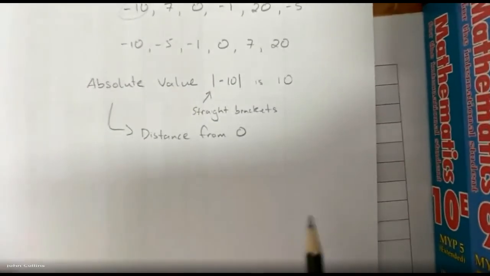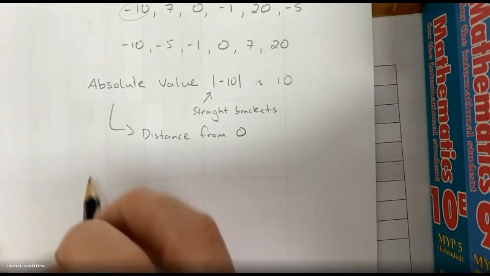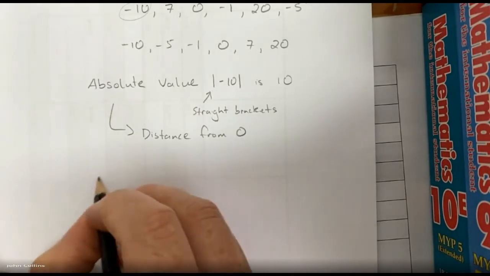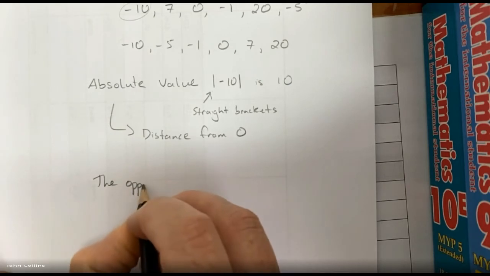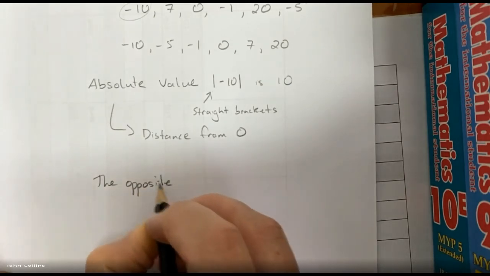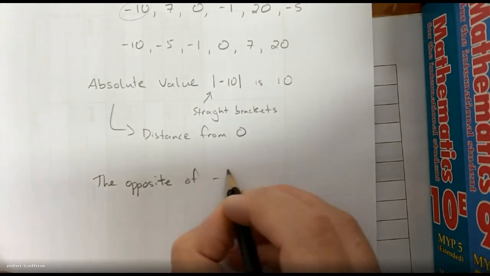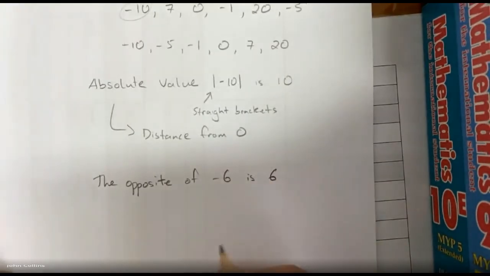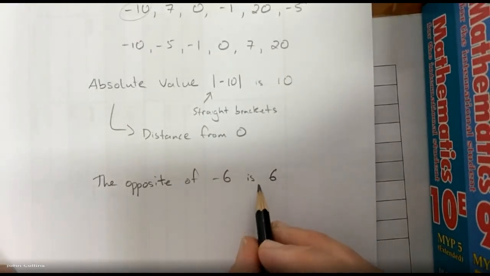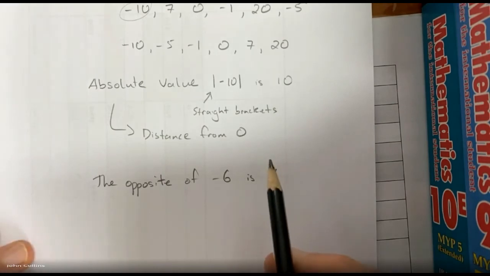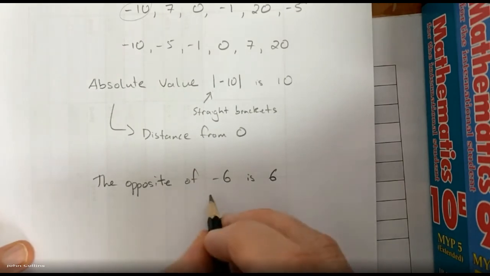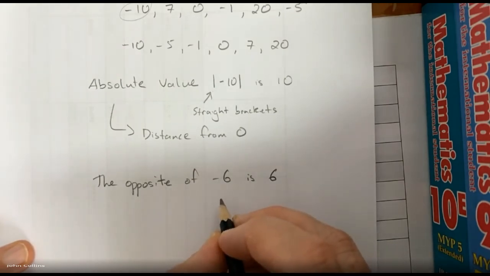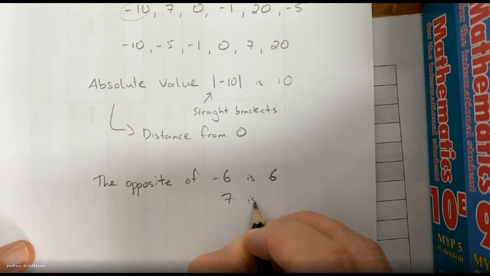Some other things that might come up in this unit is the opposite of a number, which is similar to absolute value, but not quite the same. The opposite of -6 is 6. So its positive equivalent is its opposite. It's like its reflection in 0. If it's looking at itself in the mirror, where would it see its reflection? And the opposite of a positive number, 7, is -7.